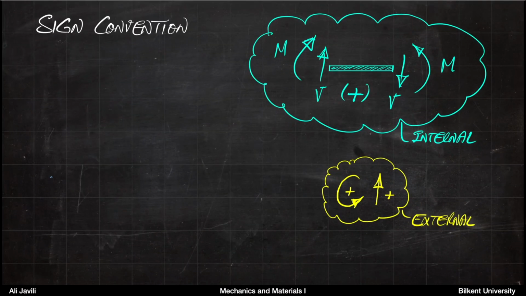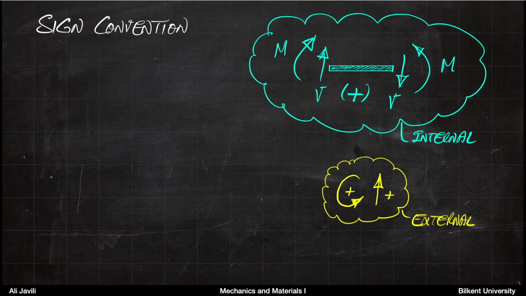So the important message here is, again, similar to the discussion we had about axial loading and torsion. The important message here is to deal with internal loadings properly and to make sure that we are not making a mistake with the signs and with the values. And we can always calculate them from our static equilibrium equations.